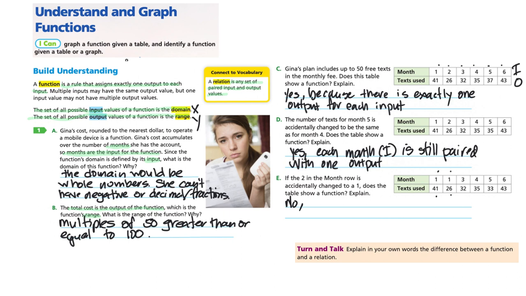One of the input values is paired with 2 output values. Two different output values.